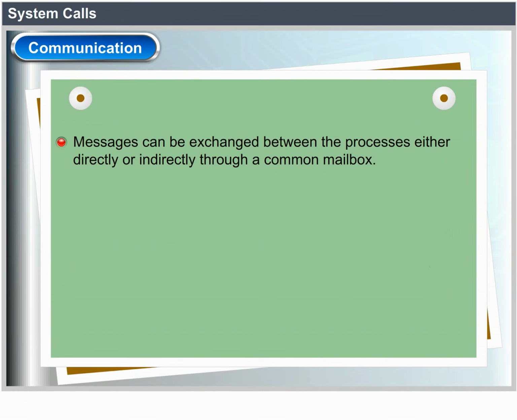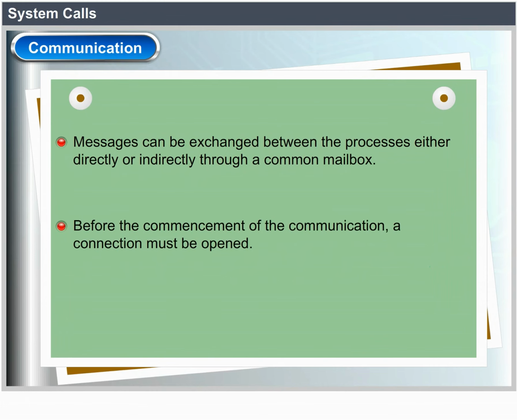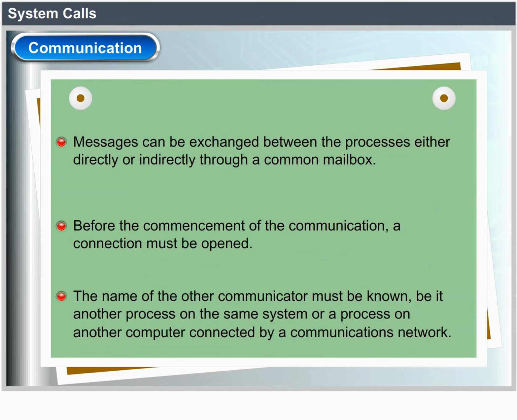Before communication can take place, a connection must be opened. The name of the other communicator must be known, be it another process on the same system or a process on another computer connected by a communications network. Each computer in a network has a host name by which it is commonly known.